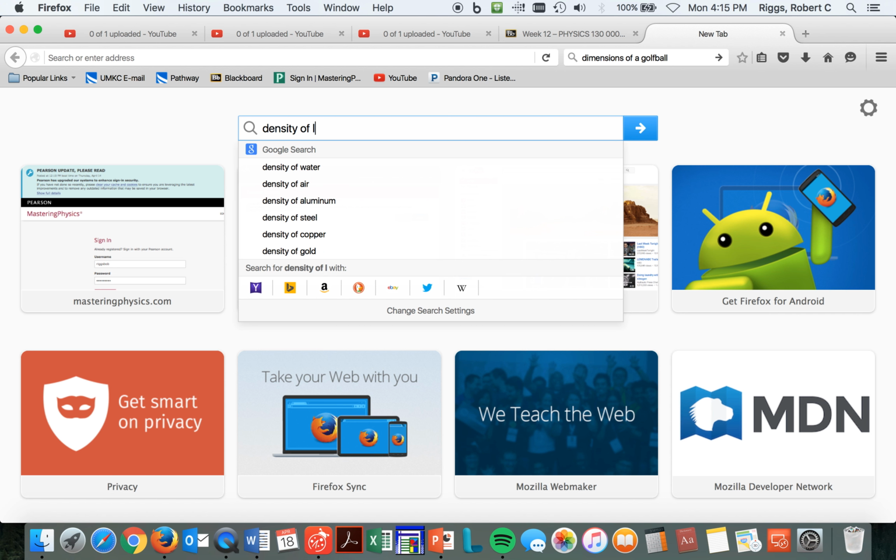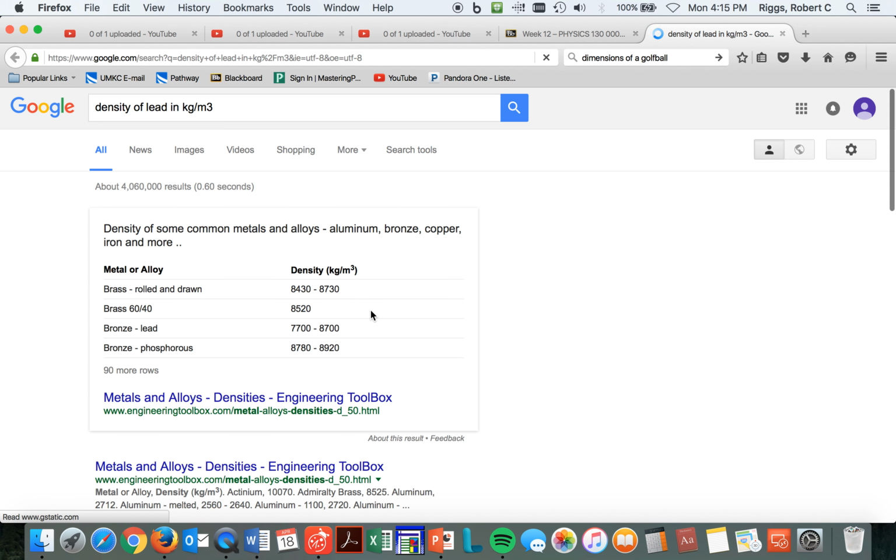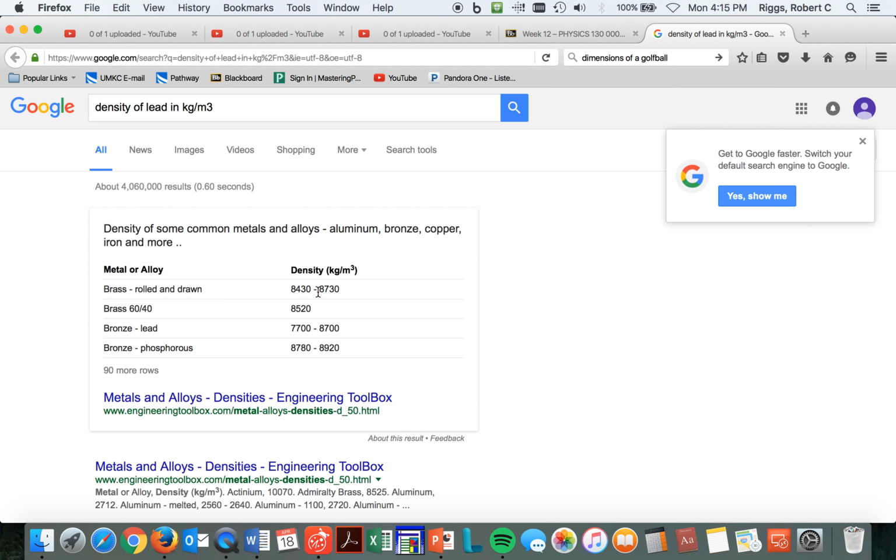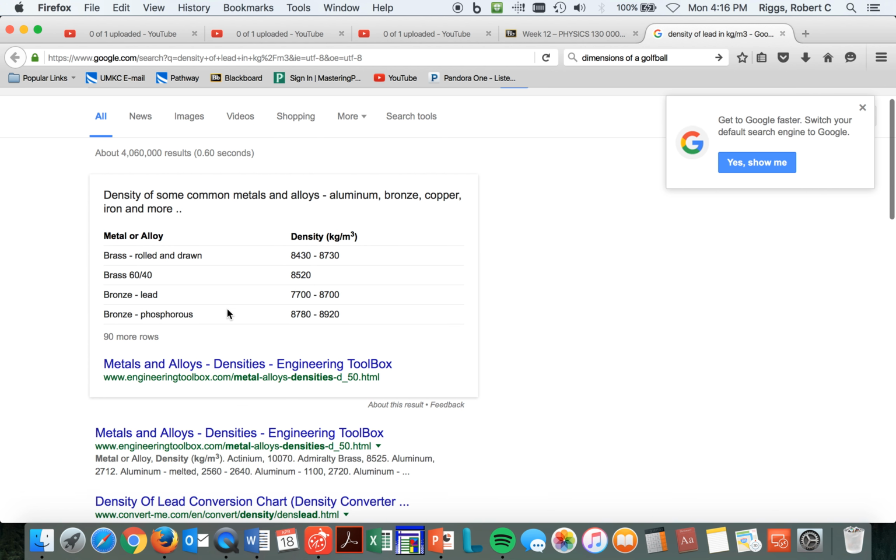Density of lead. What is the density of lead? In kilograms per meter cubed, the density of lead, let's call it 8,500. Or a metal alloy, bronze, lead. Okay, let's say 8,500.